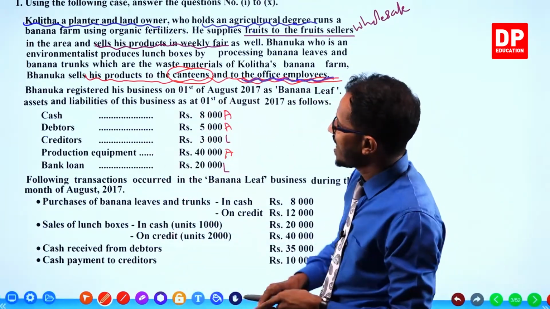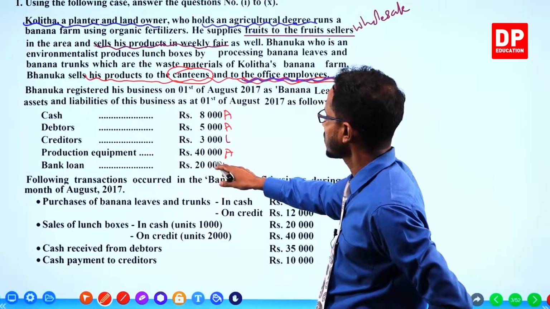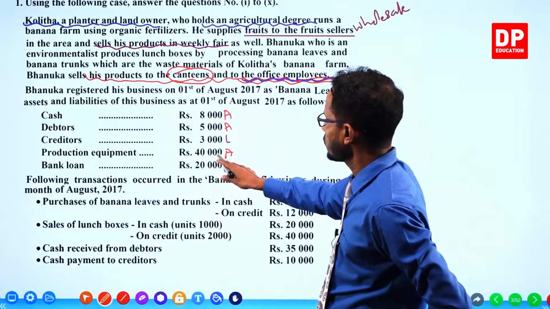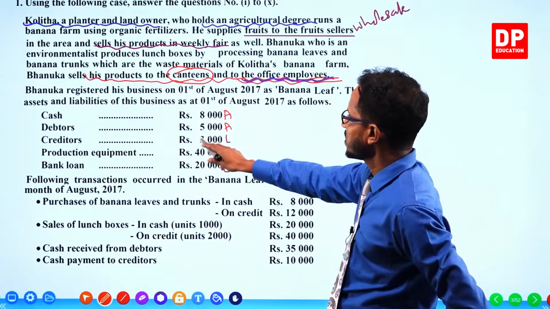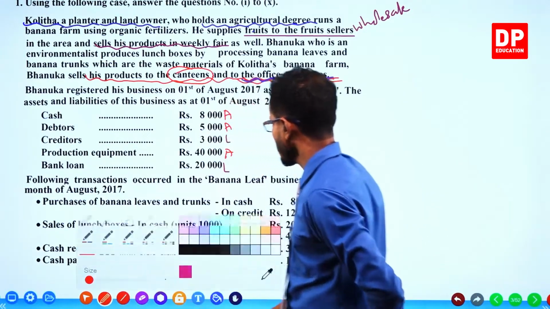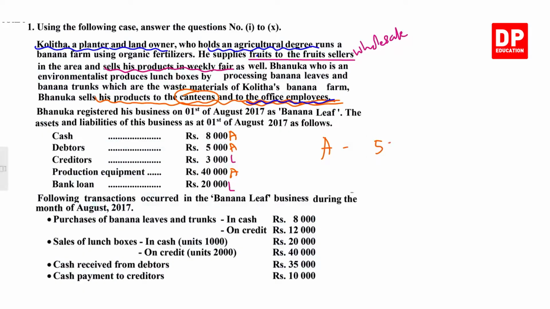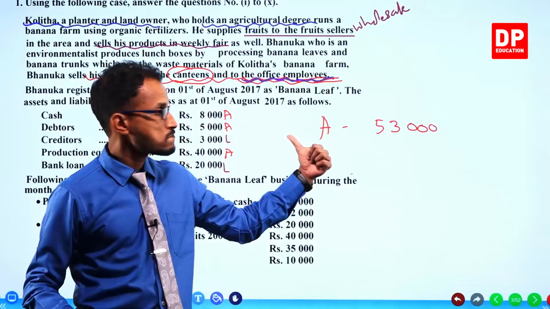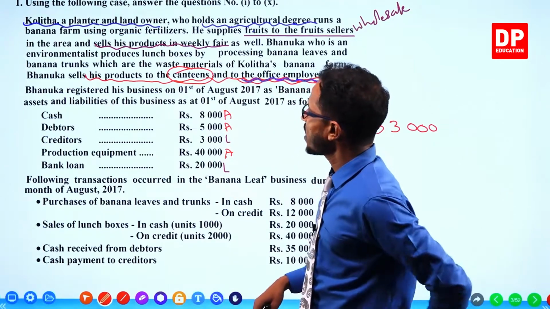So we have assets 8,000 plus 5,000 plus 40,000. 8 plus 5, 13,000. 13 plus 40,000, 53,000. We have assets 53. Can you see that?